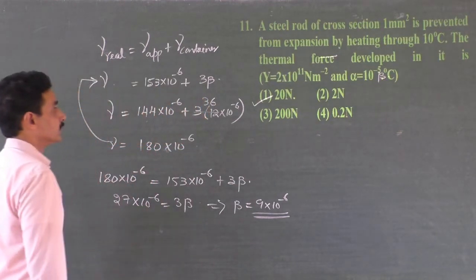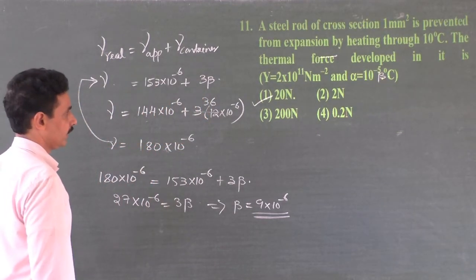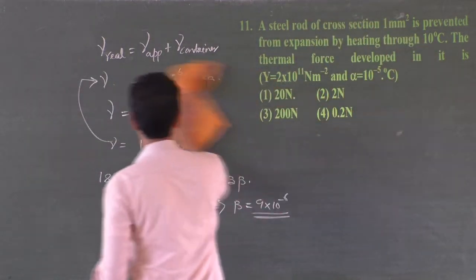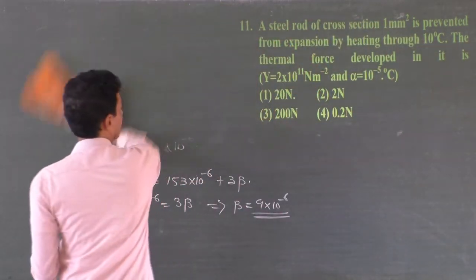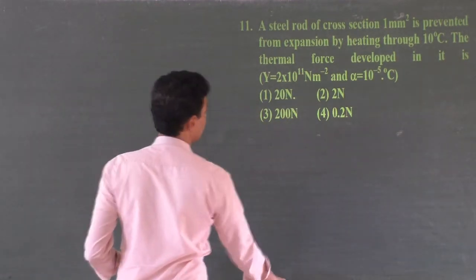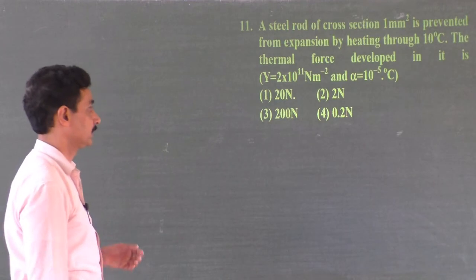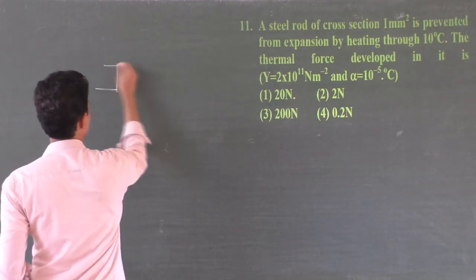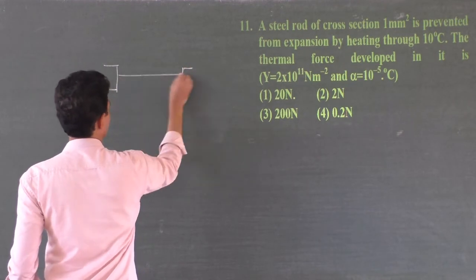Okay, a steel rod of cross-sectional area 1 millimeter square. Hope this was solved in one of the previous classes. It is prevented from expansion when heated through 10 degrees Celsius. That means we have a rod between two rigid supports and it cannot expand.